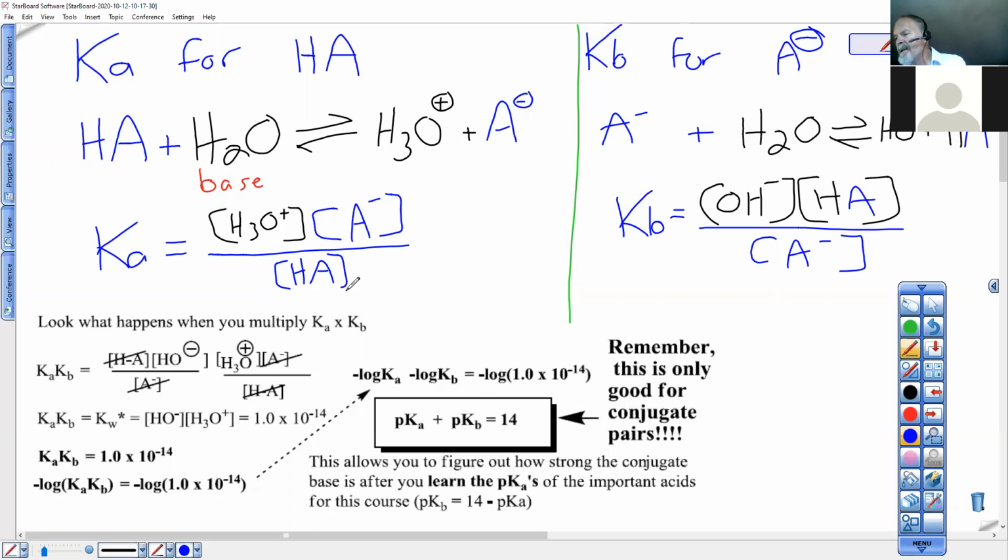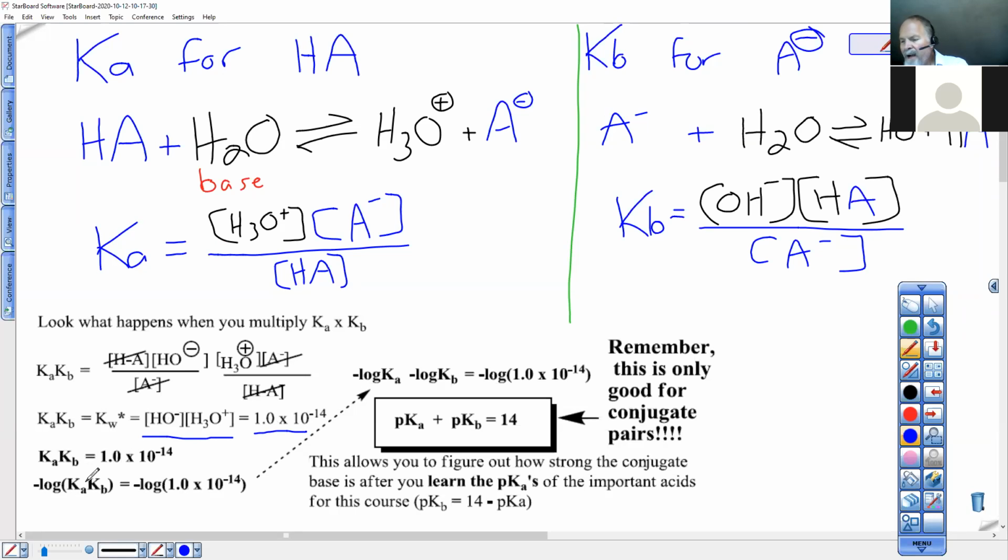So Ka times Kb, a lot of crossing off, and you're left with hydroxide times hydronium, which the other day we learned the product in any aqueous solution of hydroxide times hydronium is always this value, 10 to the negative 14. So Ka times Kb is 10 to the negative 14.